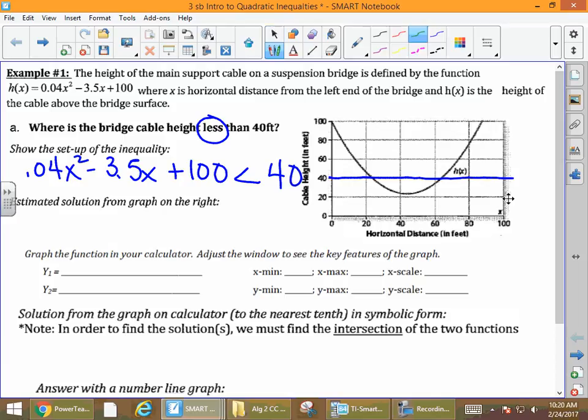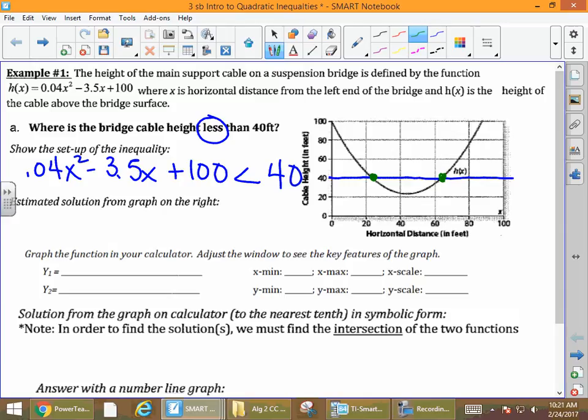But the next part says, what's the estimated solution from the graph on the right? Well, we're looking at that point there and this point here. We want to know what's the estimated solution. So in other words, what's the x value of the first green point that I just drew in as an estimation?